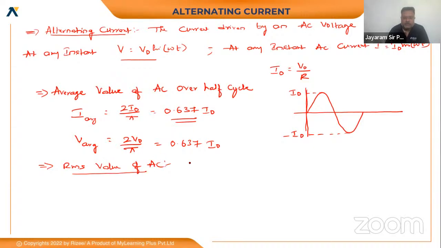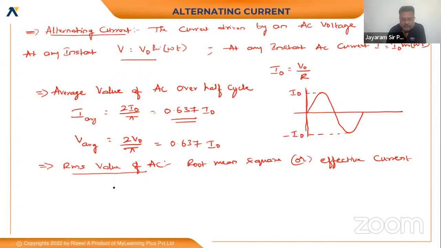It is called the root mean square, or you can also call it the effective current. The effective current, that is I RMS, is the equivalent DC that will produce the same average.